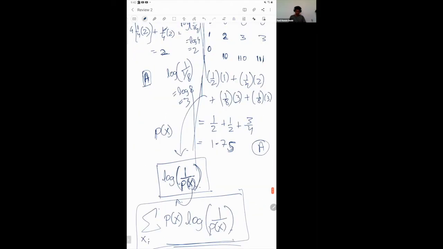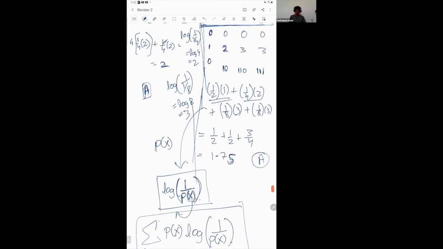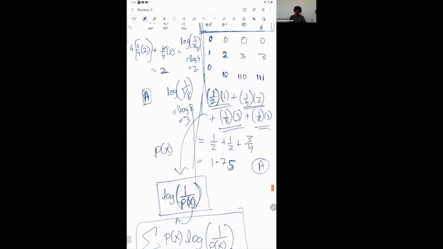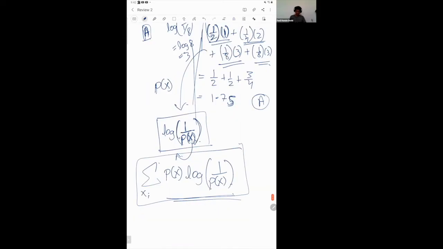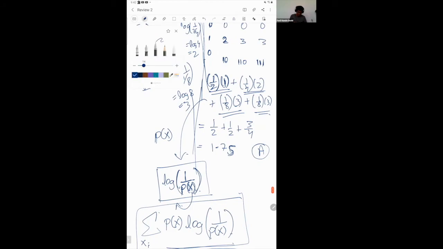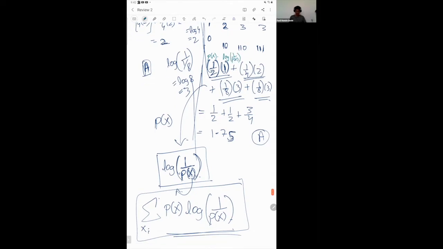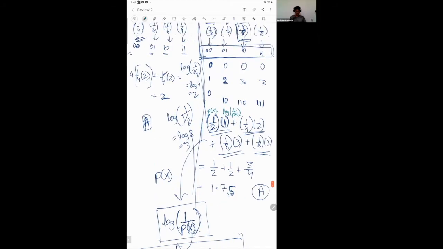So that's basically what we have done here: get the p of x, then get the number of bits. This is p of x, and this is log of 1/p of x, and then sum over all the possible values.